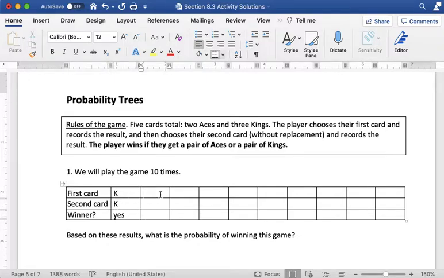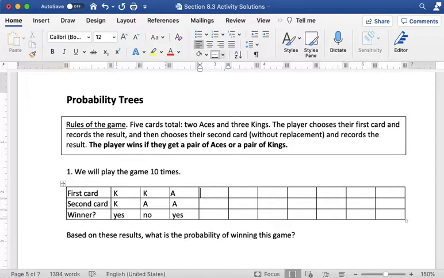So now I'm going to go through, I've already played this, and put my results here into this table, just to make this go a little bit faster. So on my second time through, I got king and ace, so I didn't win. My third time, I got ace and ace, so I did win.